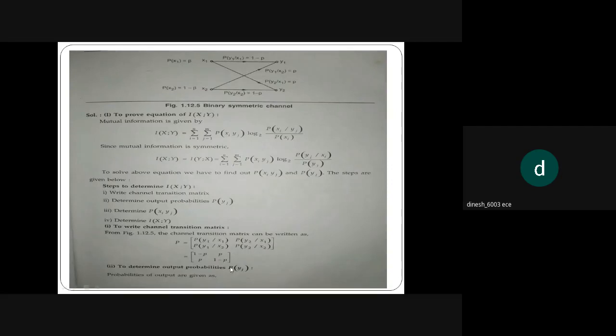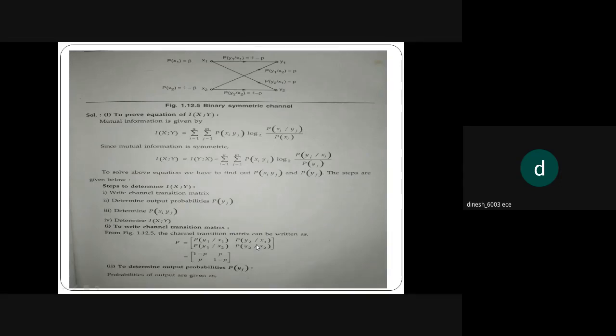So when do we get this P of y1 and y2? We get them when an input of x1 is applied to either y1 or y2.